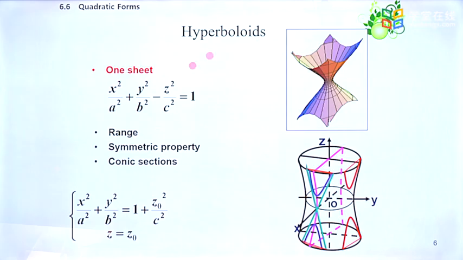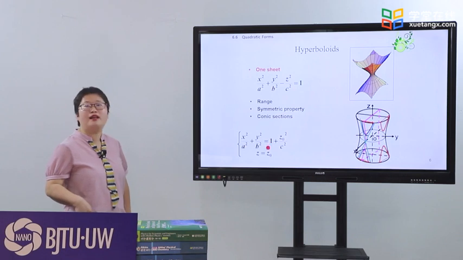And now we see the conic sections. If z equals z0, so we put here is z0, you can get this conic section. So this conic section is an ellipse. Okay, so you use this plane z equals z0 to intersect with this hyperboloids, you can get this ellipse.